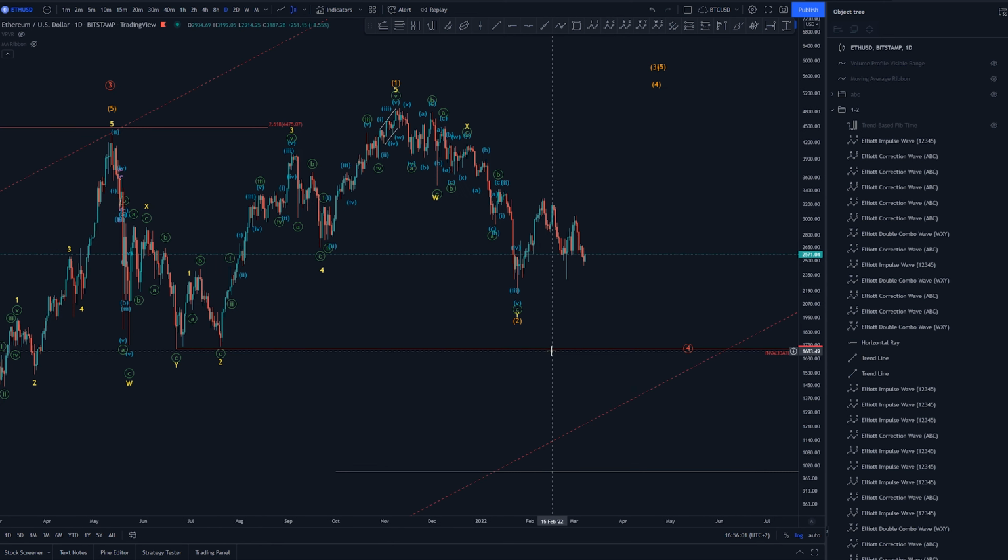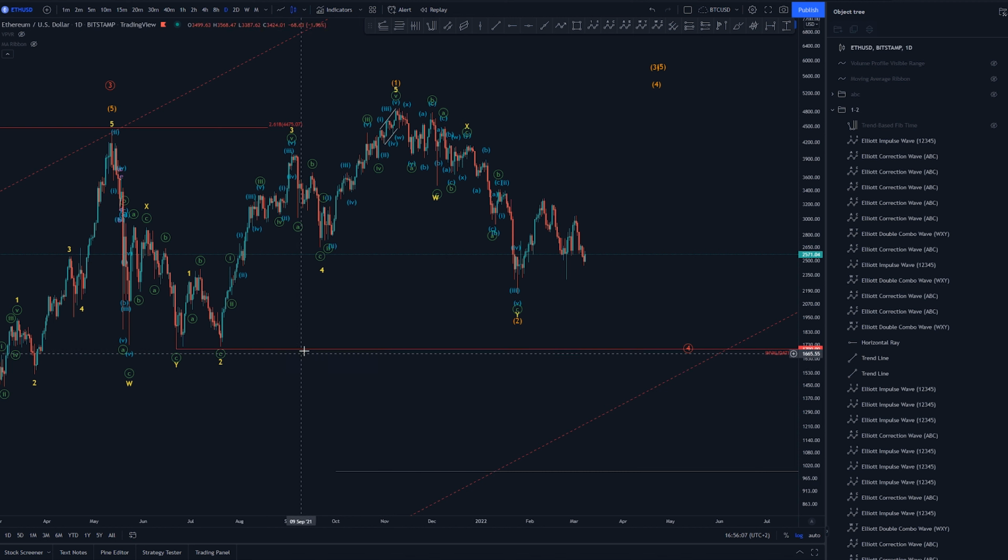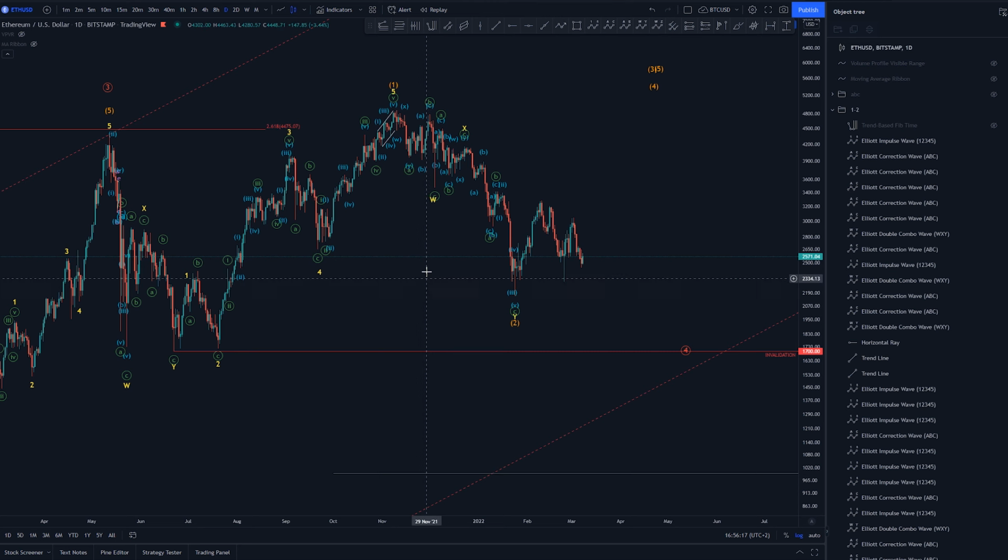So the invalidation point for this one intermediate 1, 2 is down here, as this is where this intermediary count begins. So we got 1, 2, 3, 4, 5 into intermediary 1, and then WXY down back here.